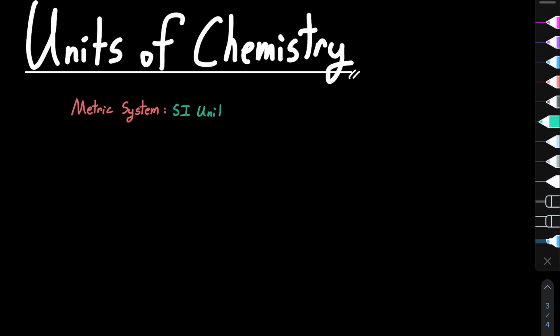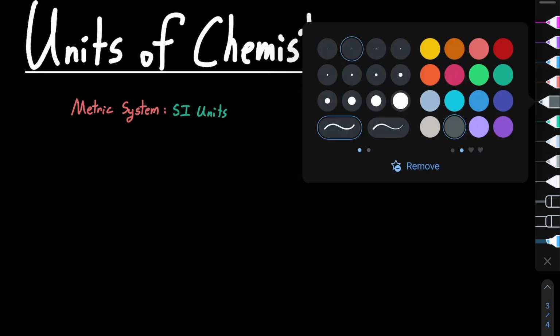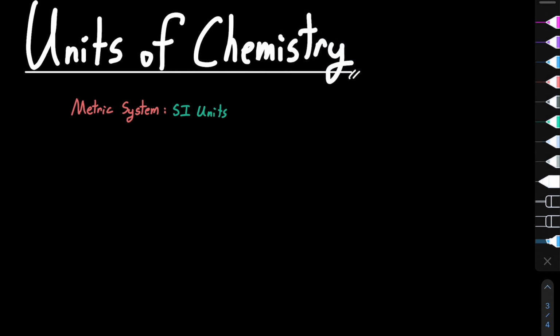And the SI here stands for Système International. And it basically means that it is a set of units that scientists have agreed to use all over the world. And the second thing is base units.